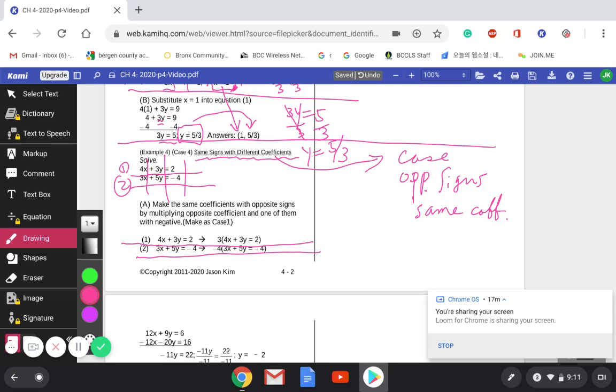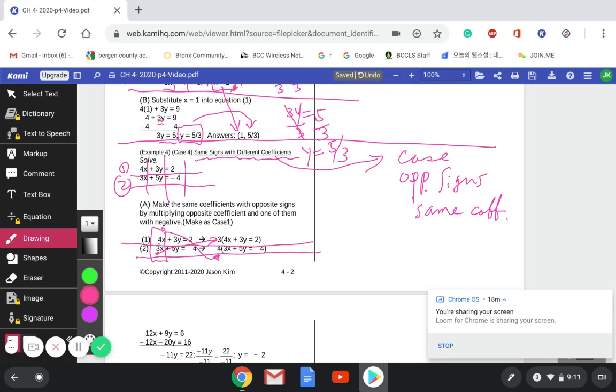So what do you do to match the coefficient of x's? Yes, you multiply each other's coefficient, but the sign has to be different. So first equation, you multiply by 3 because that's the coefficient of the other equation. And second equation, you multiply by negative 4 this time, not 4, even though the coefficient is 4, because one of them had to be negative, so you just randomly choose the second one as negative.